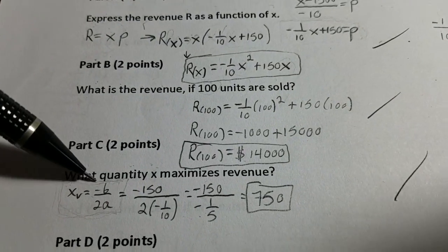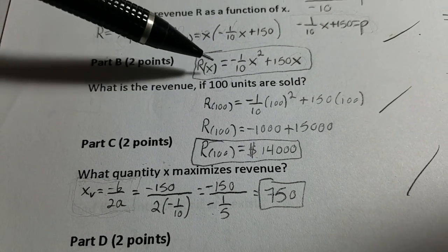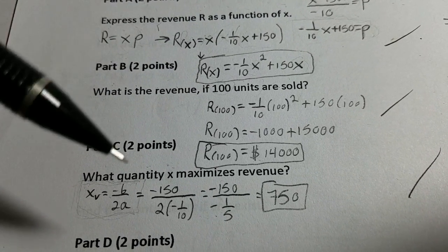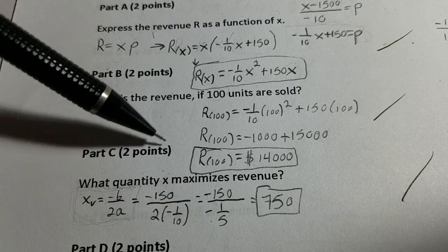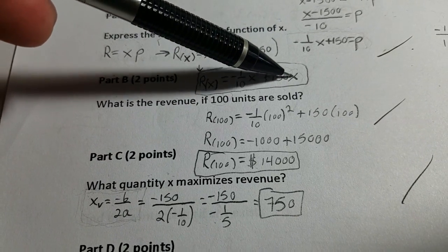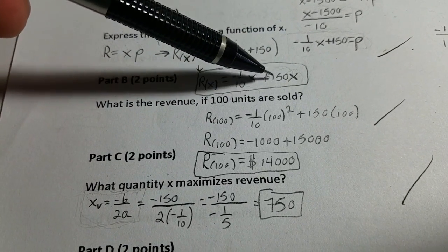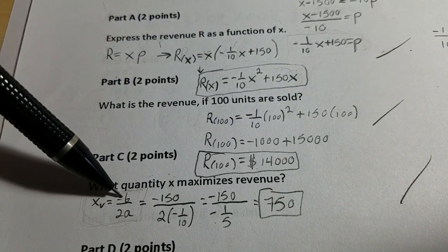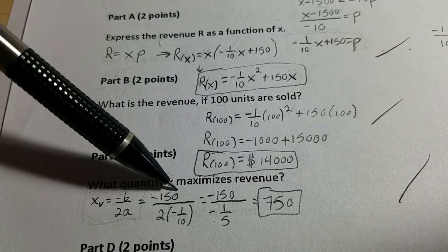Now, how do we find the numbers here? Again, we have to go back to the original equation that we just found, and negative b is going to be the number in front of the x. So it's going to be this time 150, and then negative turns to be negative 150.